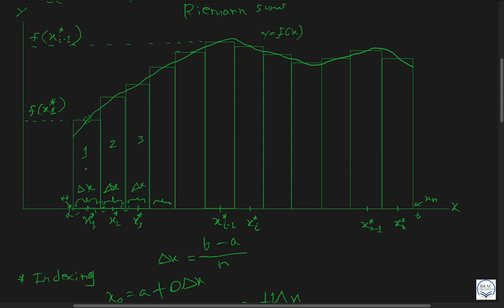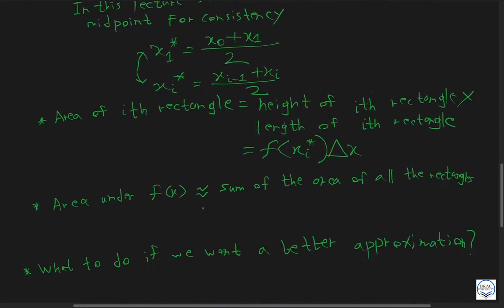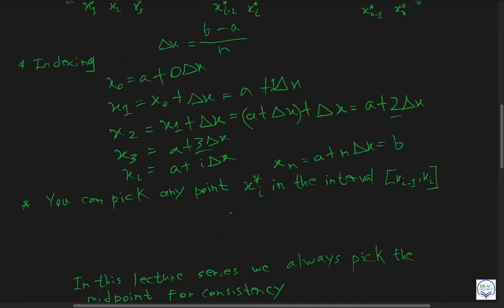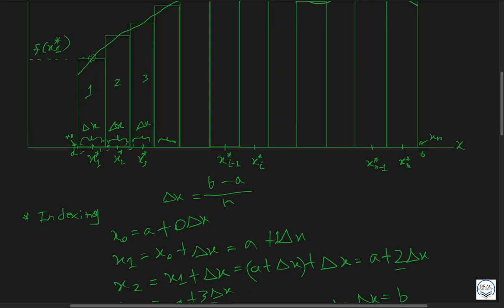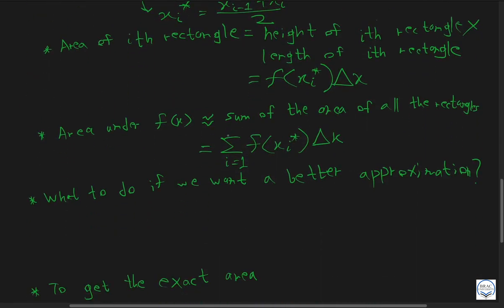And then the area of this entire region should be approximately equal to the sum of the areas of the individual rectangles. This is equal to the sum of f of xi star times delta x. Now i starts from 1, indicating the area of the first rectangle, and as it moves on it will end at n.